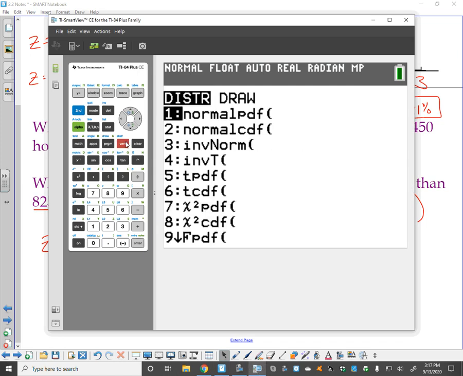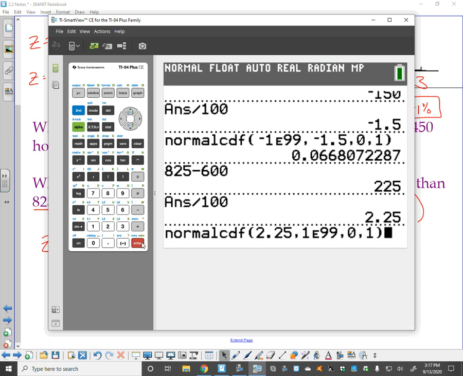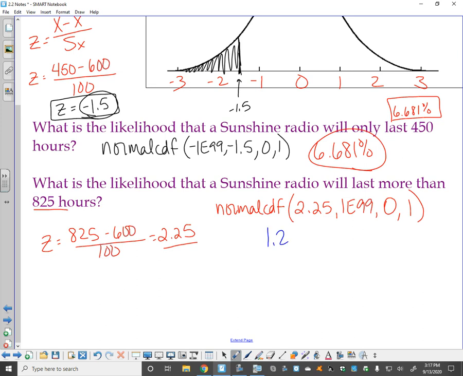Normal distribution, and let's see, 2.25 to infinity with a 0 and a 1. 1.222. All right, so just slightly off, but made it to the 10th, 100th, 1000th decimal place. So 1.222. So extremely close. Extremely close.